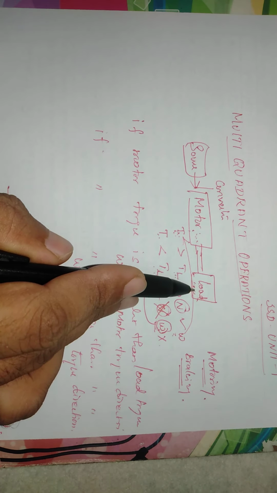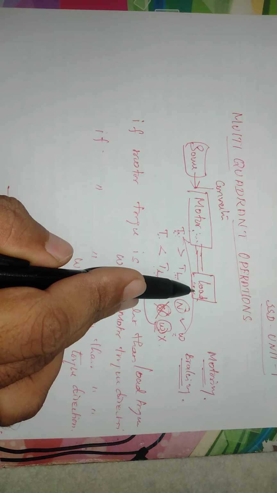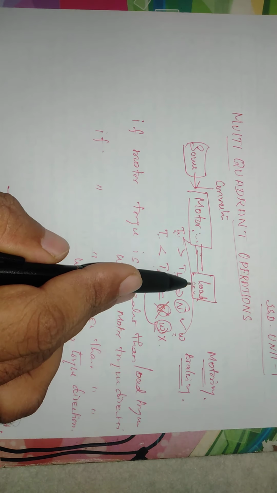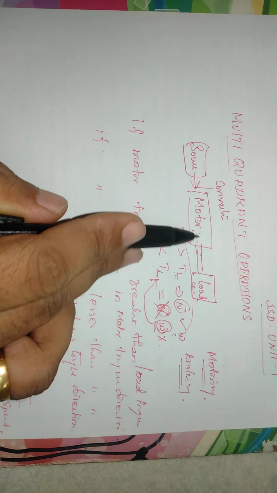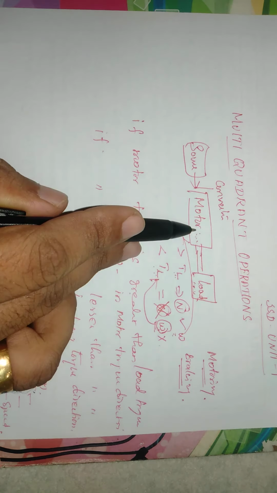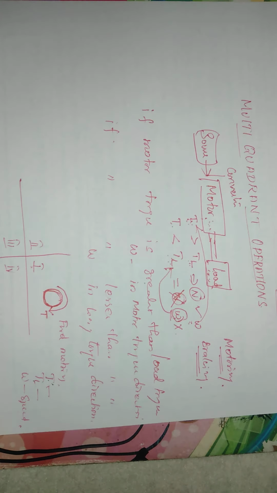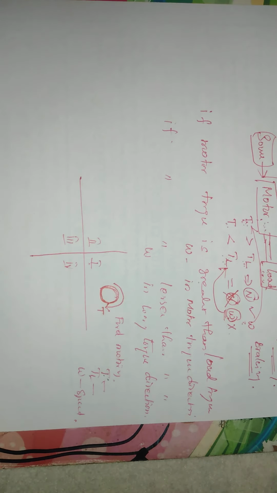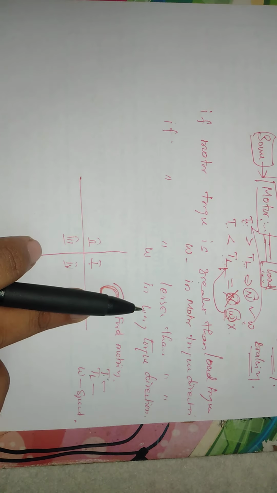Load is always trying to be in rest condition. For that, load gives an opposite torque to that of the motor torque. So here we have our load torque and motor torque.